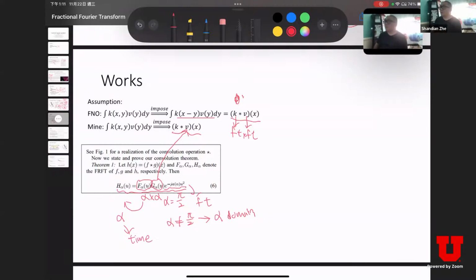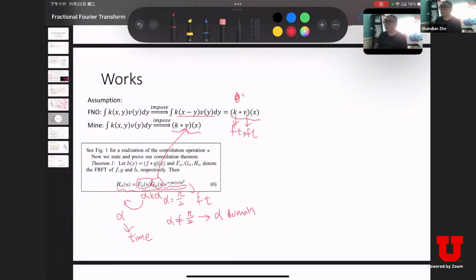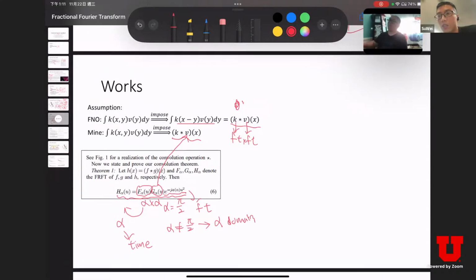So it still needs to assume your kernel is stationary, right? Translation invariant. Well, what do you mean? I mean, the convolution theorem tells us if you convolve with some kernel, k must be a function of x, the difference between the two inputs. That's called translation invariance. Then you can apply the convolution theorem. So here is the same requirement, right?